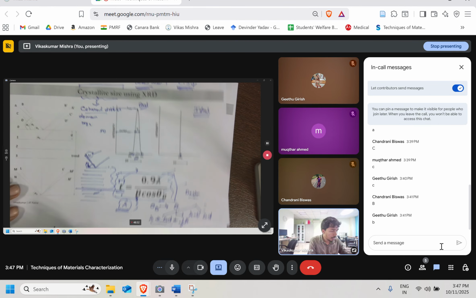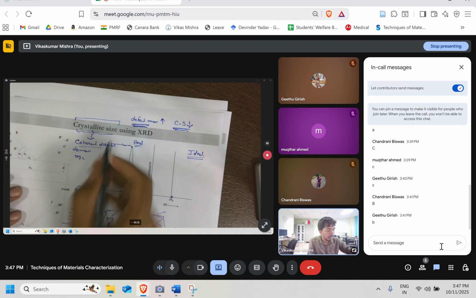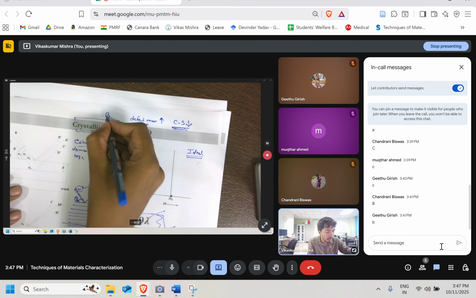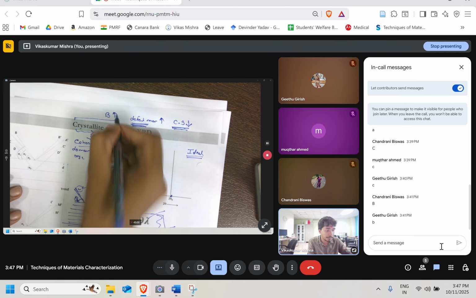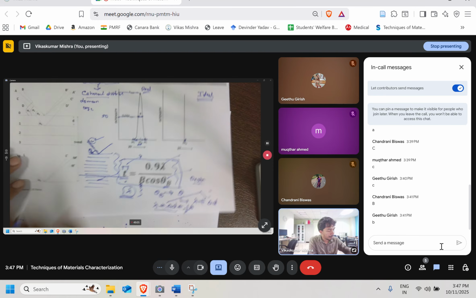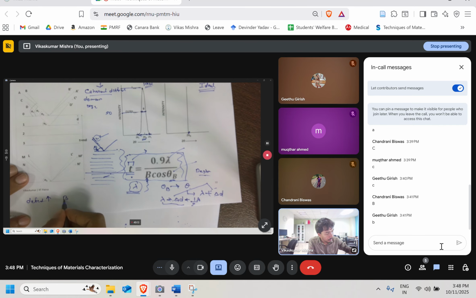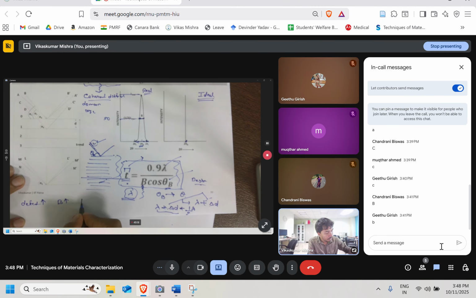Also, as the defects keep increasing, the FWHM B will also increase. So note this down: if the defect is increasing, then B, the full width at half maximum, is going to increase, and the crystallite size T is going to decrease.